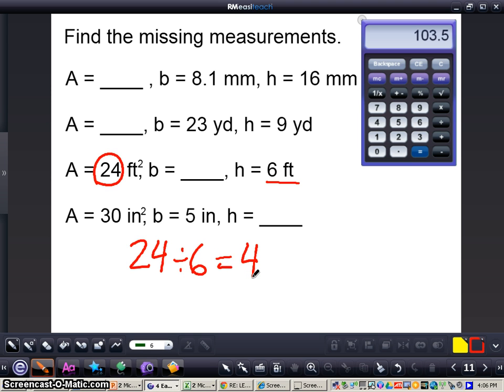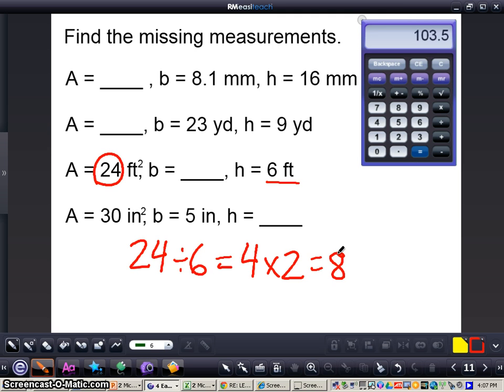Okay, now 4 is not the base. 4 feet would not be the base. We take the quotient, or the answer to our division problem, and then we simply multiply that by 2, and that gives us 8. Let me show you if I plug this into the formula for finding area, base times height divided by 2.